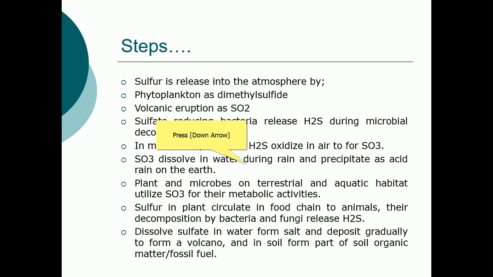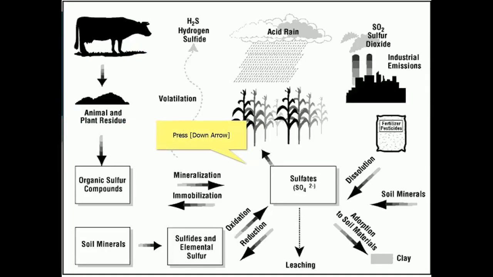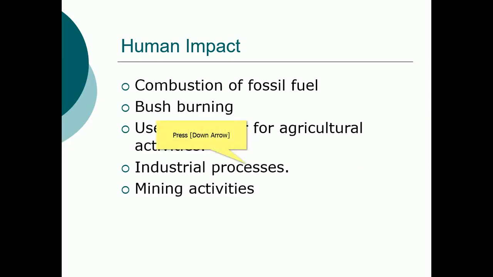So let's see human impacts, how humans affect the sulfur cycle. Human activities like combustion of fossil fuel, because I forgot to mention that some of this sulfur, when mineralization takes place, often through decomposition of organic substances, will be released in the form of hydrogen sulfide.